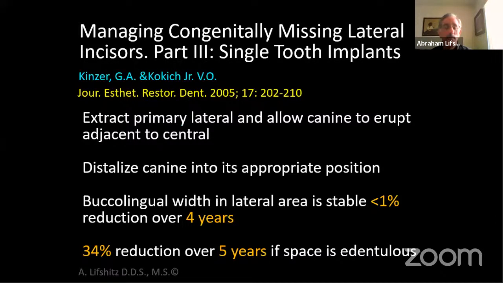And we have to be aware that the buccolingual width in the lateral area is stable, meaning there is less than 10% of reduction over a period of 4 years. However, there is 34% reduction if the space is edentulous. So we have a time frame in which we can create the implant site and place the implant.